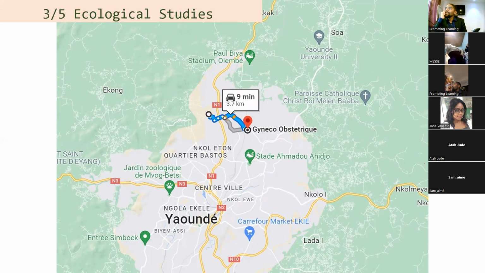One interesting thing she did was stratify distances away from Hôpital Gynéco to determine whether distance was a risk factor of being lost to follow up during pregnancy. When you're pregnant, you have to be followed up in a hospital. But some people start their follow-up in a hospital and then nobody knows where they are going.